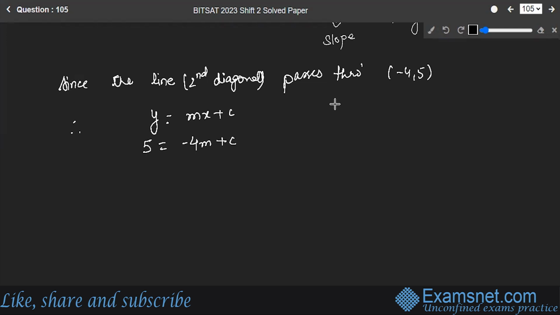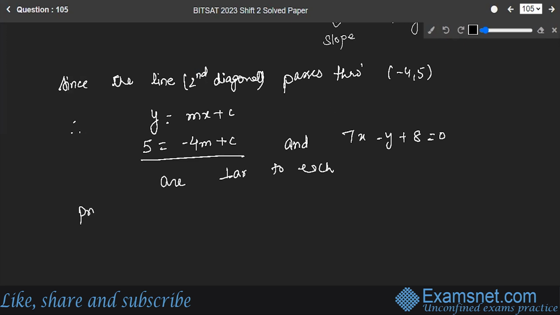Now, see, both the lines, this line and this line 7x minus y plus 8, are perpendicular to each other, right? Therefore, the product of their slopes is equal to minus 1.